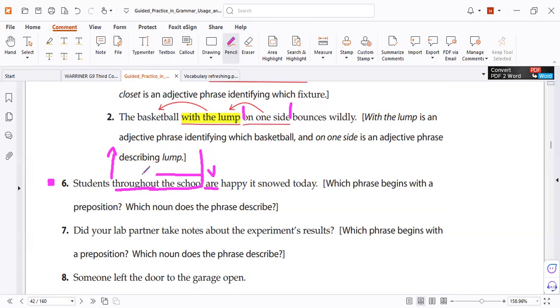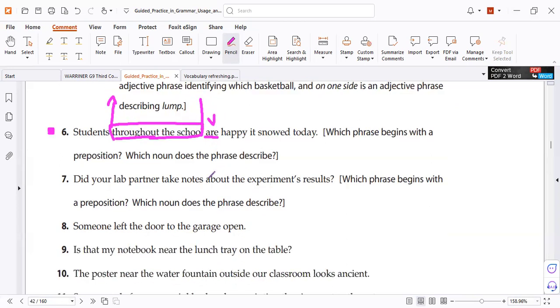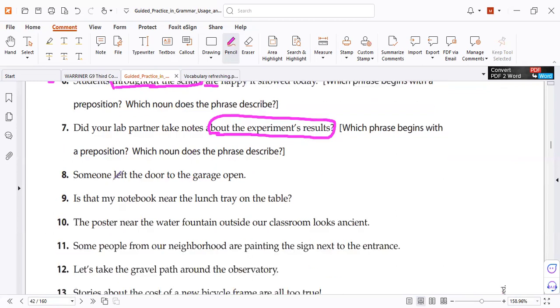That is the phrase only. Again, what is the preposition? So about experiment's result, all of that is a prepositional phrase. Again, someone left the door too. This is the prepositional phrase.